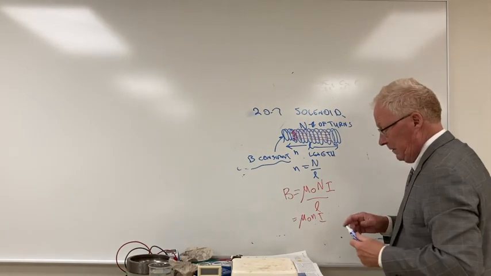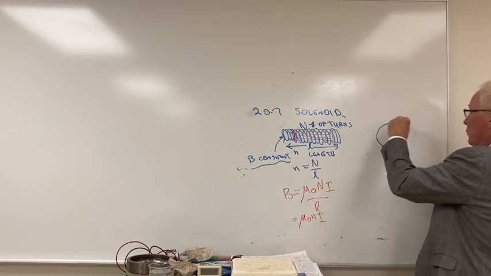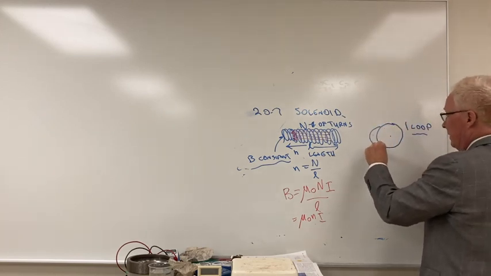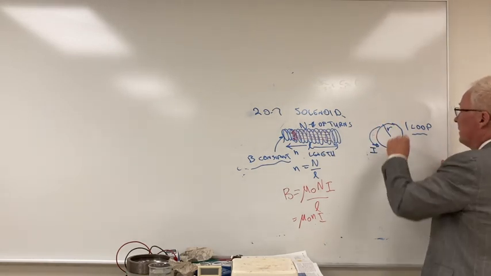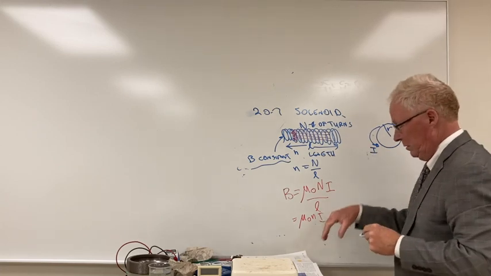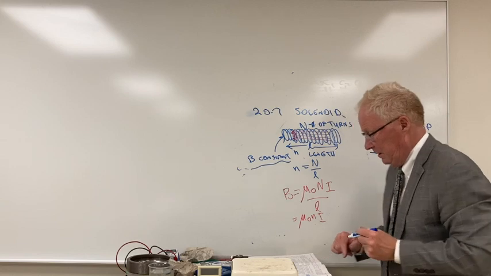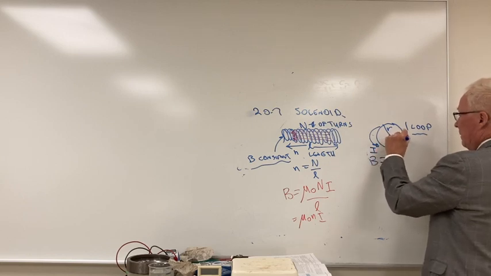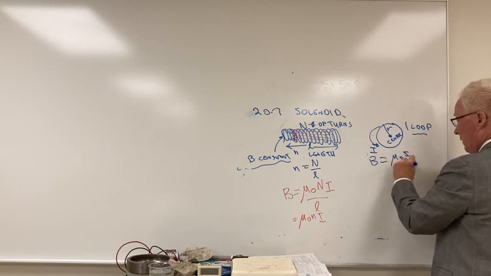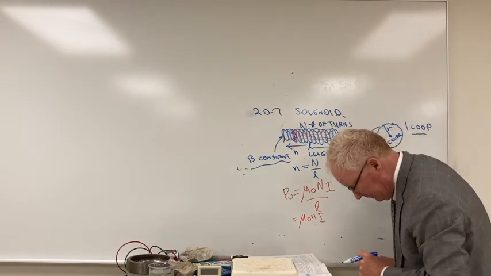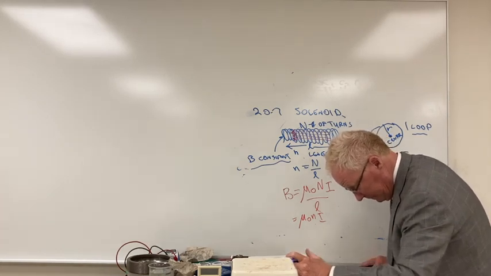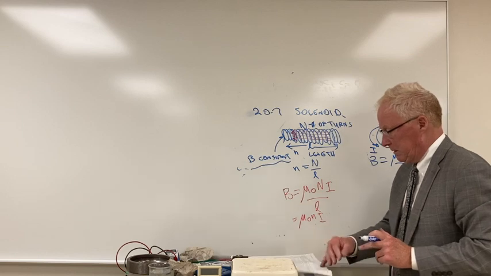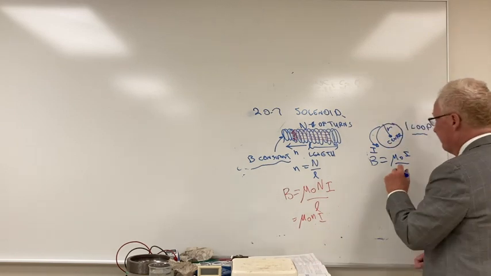If instead of a long coil we have a single loop, one turn, with current I, then the B inside at the center will be given by mu naught I over 2R.